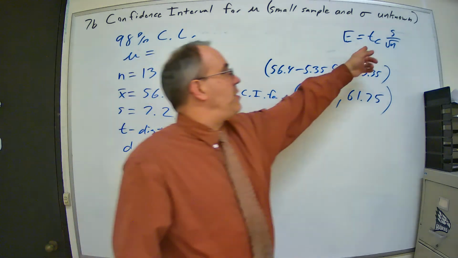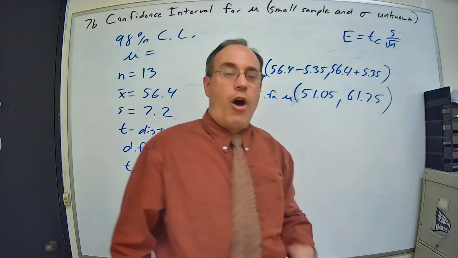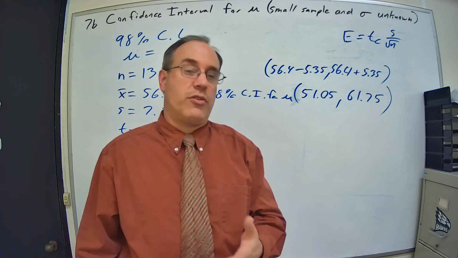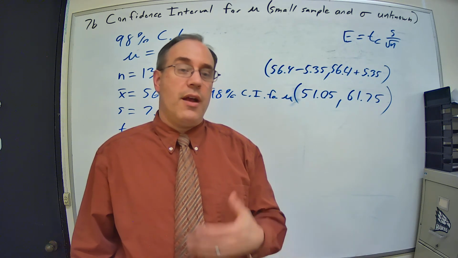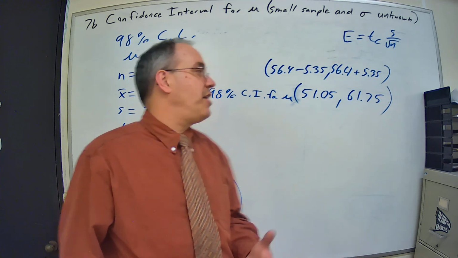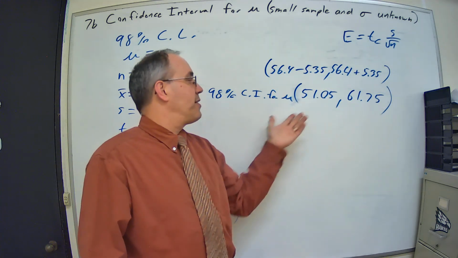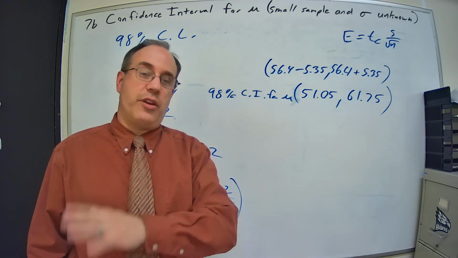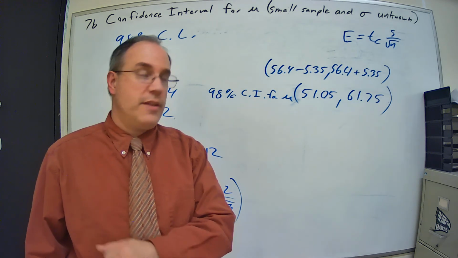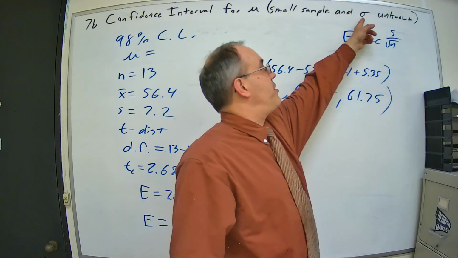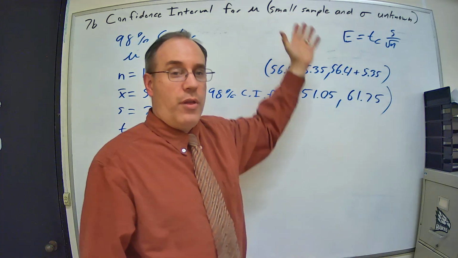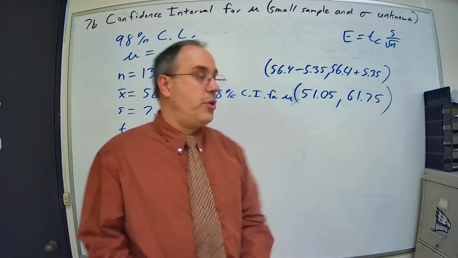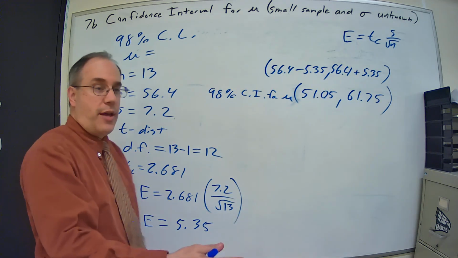So our critical value t sub c is always greater than z sub c, our critical value for a normal distribution. Obviously, we're going to get a nicer, smaller confidence interval if we can use the z critical value. So if we have the population standard deviation or a large sample, we want to use the z distribution. Otherwise, that is the process.